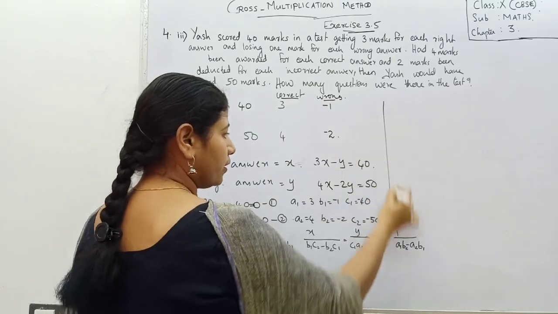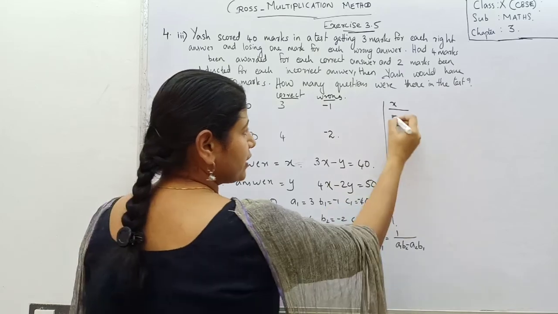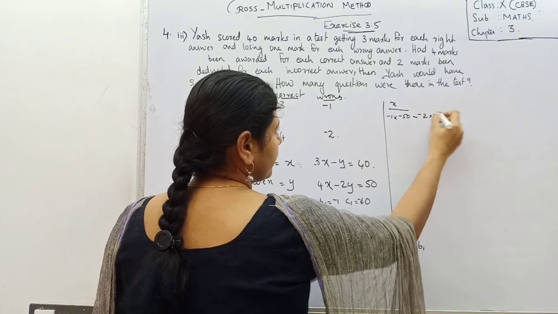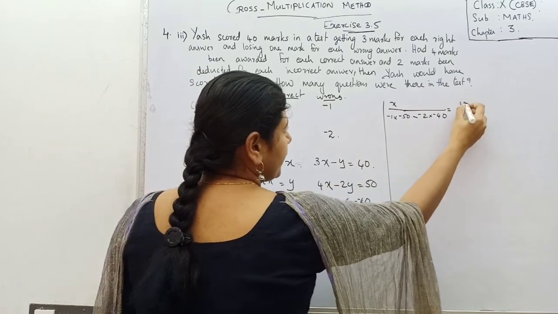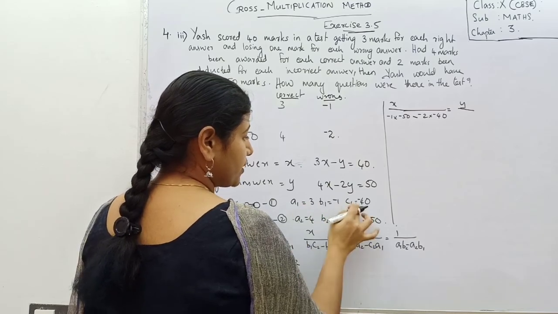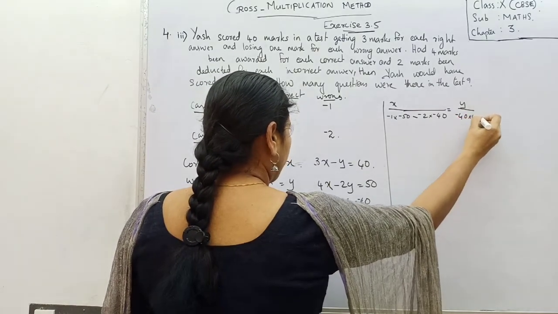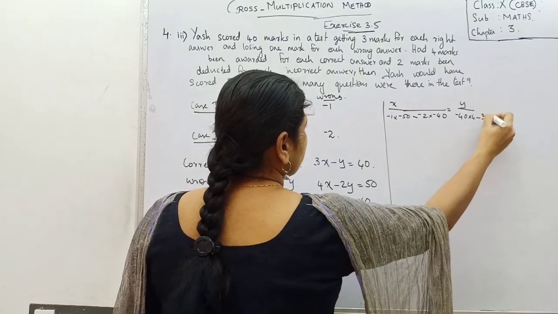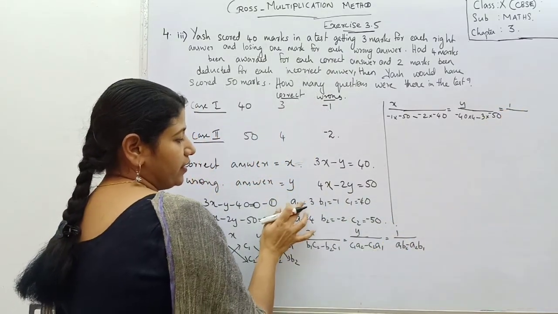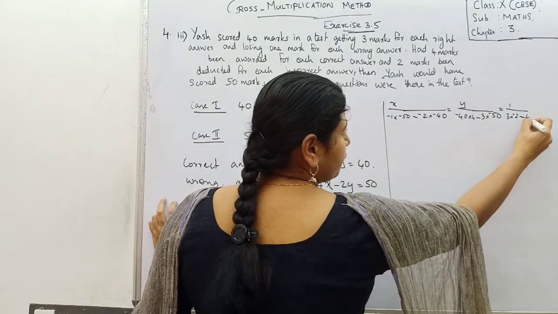So we can write x by b1 c2 minus b2 c1, that is negative 1 into negative 50 minus negative 2 into negative 40, equal to y by c1 a2 minus c2 a1, that is negative 40 into 4 minus 3 into negative 50, equal to 1 by a1 b2 minus a2 b1, that is 3 into negative 2 minus 4 into negative 1.